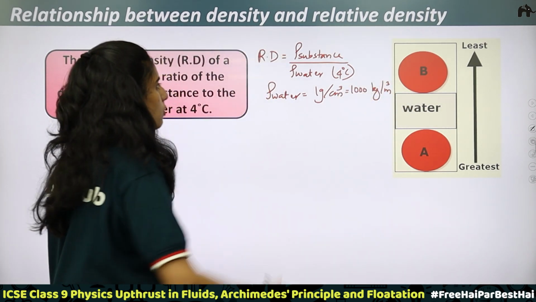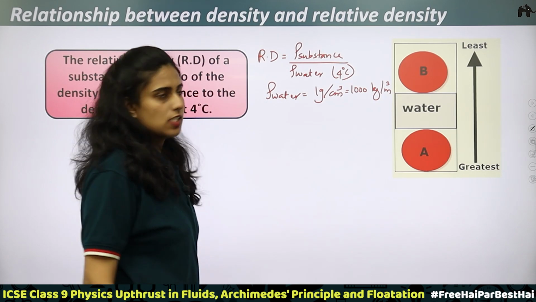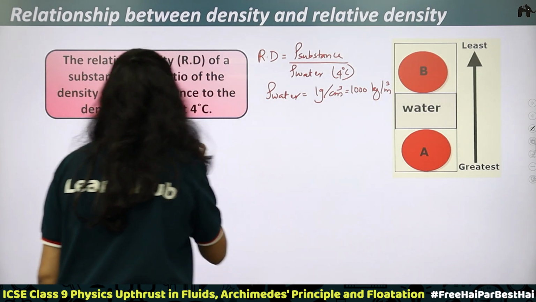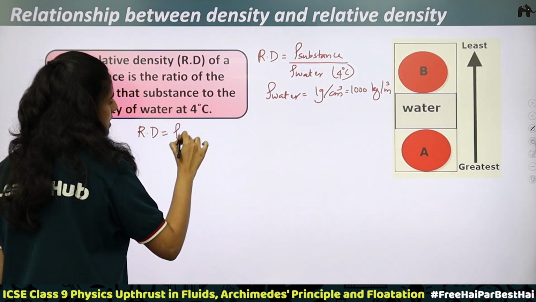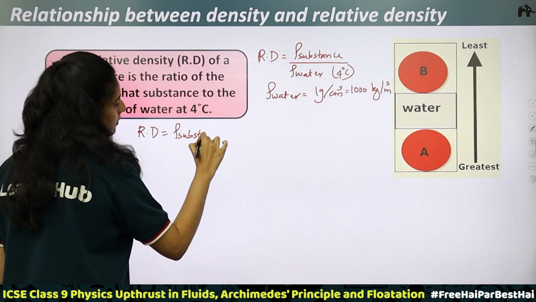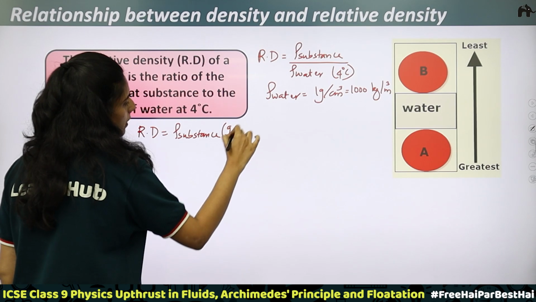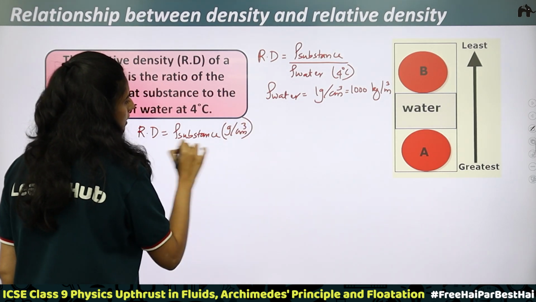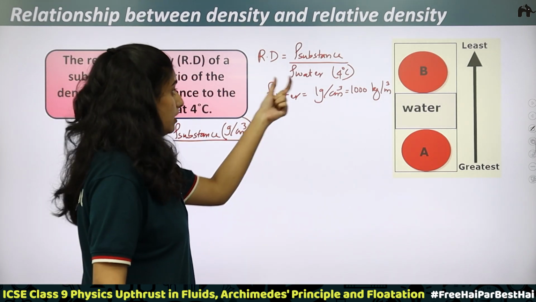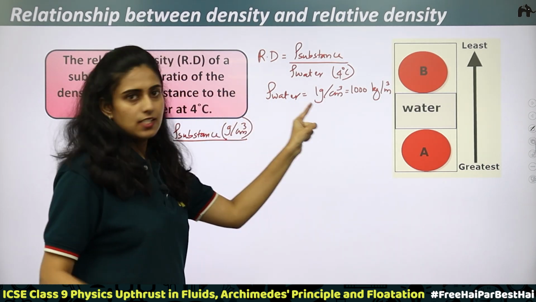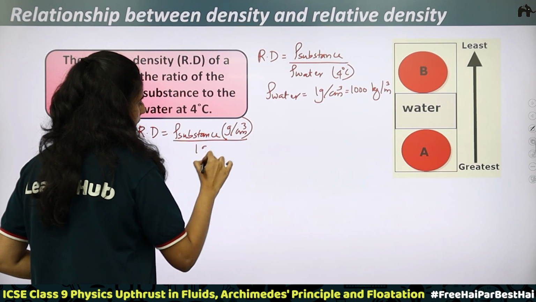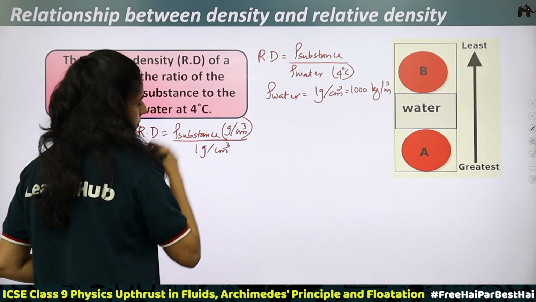Now, if you know the density of the substance, we can find the relative density. So, relative density of the substance will be equal to density of substance in gram per centimeter cube divided by density of water in gram per centimeter cube, which is equal to 1 gram per centimeter cube.